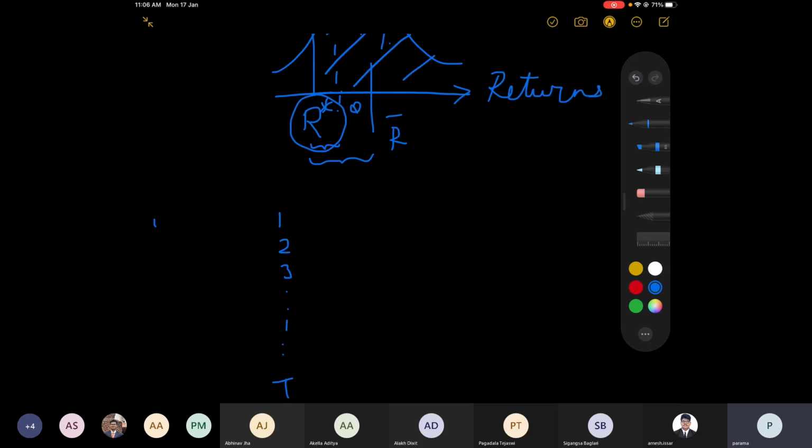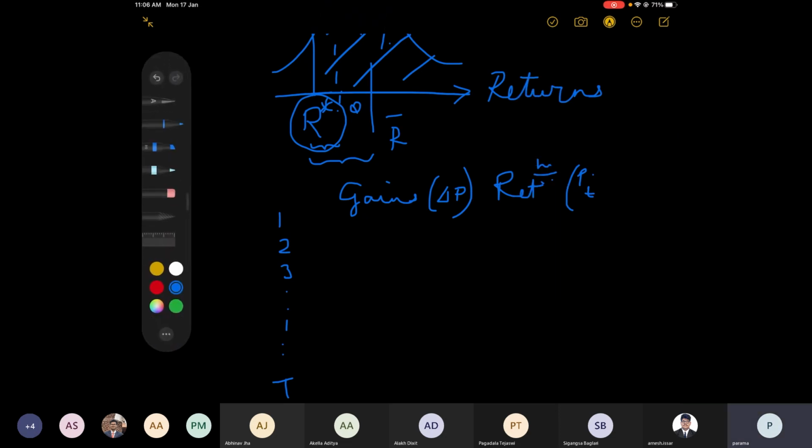It could be the last 20 years of daily data, and compute the gains, maybe daily gains, which would be delta in prices, or the returns, which is better: pt minus pt minus 1 divided by pt minus 1. So this would be a return figure. Either way, we get the last t days of data, and get the gains or the returns.